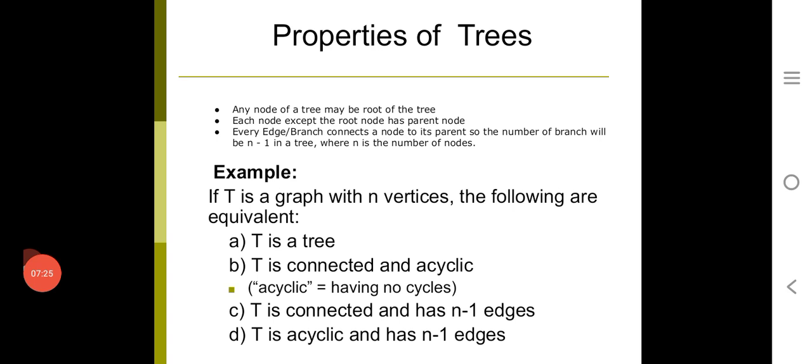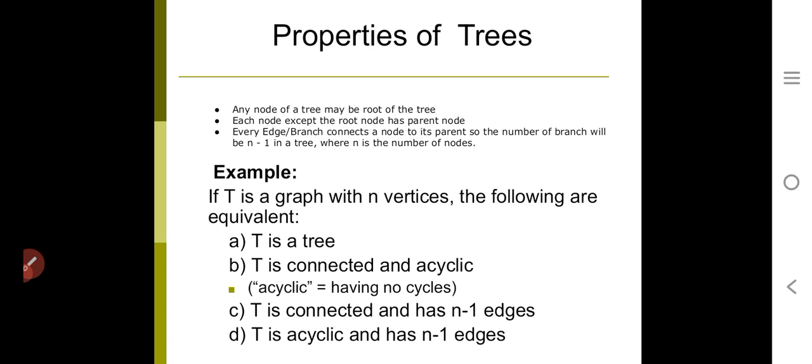An acyclic graph means there is no circuit in the graph. A graph with no circuit is called an acyclic graph. That means an acyclic graph has no cycle. Likewise, a tree is a connected and acyclic graph, and it contains n minus 1 edges.